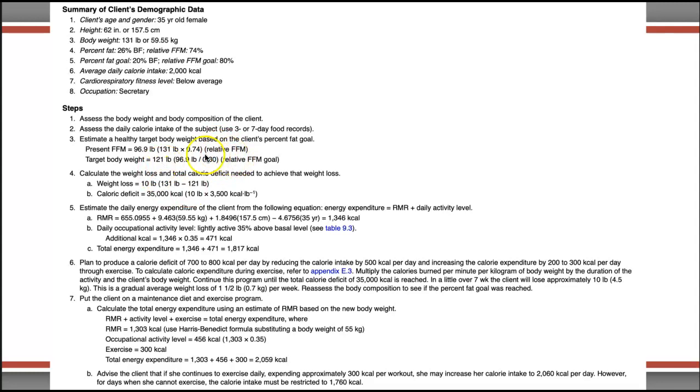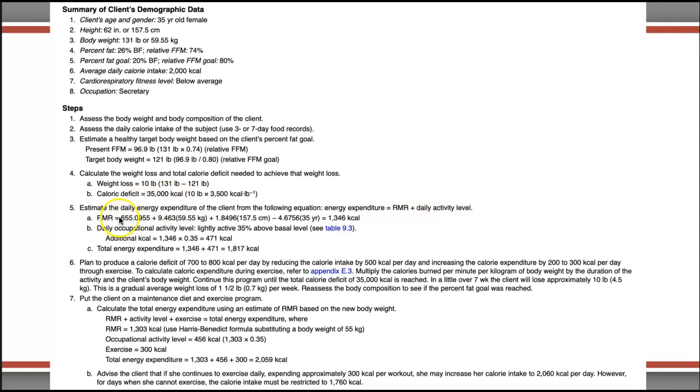So a little bit of math here. Calculate the weight loss goal, 10 pounds. So they need to have 10 pounds times 3,500 calories per pound to get this to happen. Using daily expenditure records of the client, energy expenditure is RMR plus the activity level.